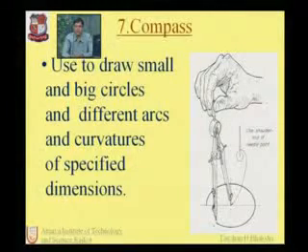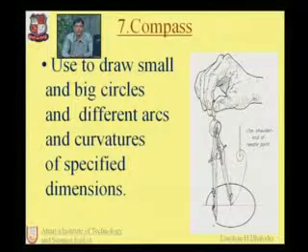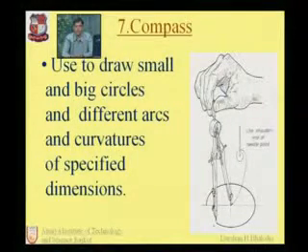If in any question a radius of 10 mm or a diameter of 20 mm is given and the circle has to be drawn, then we take the 10 mm radius, keep the needle at the center point, and by revolving the compass we can draw the circle.